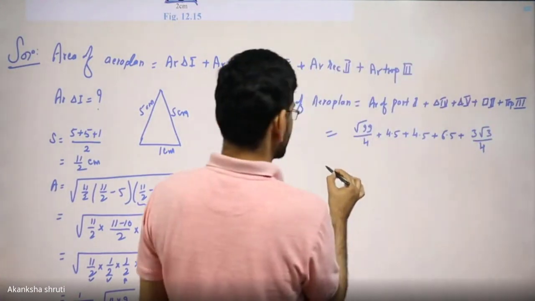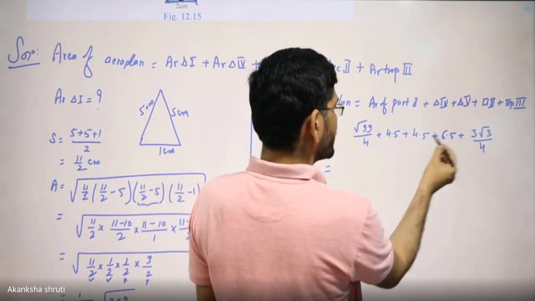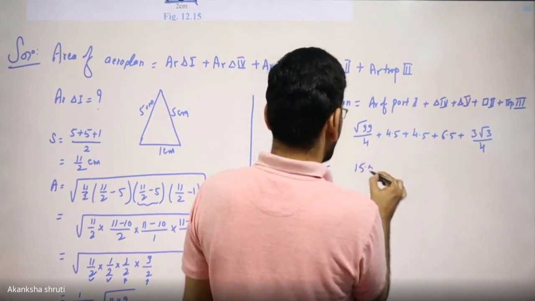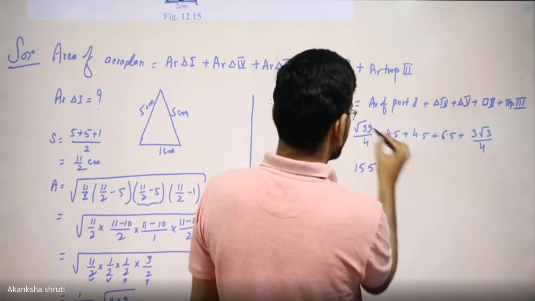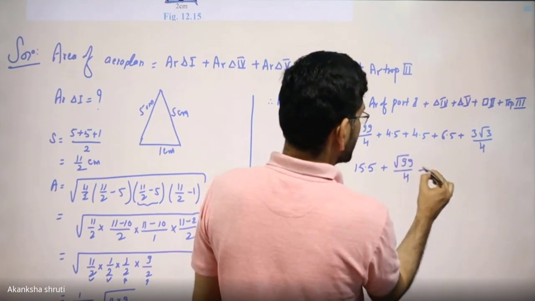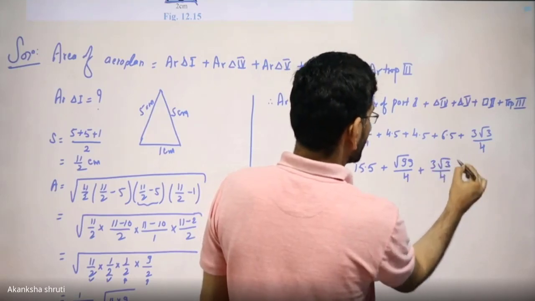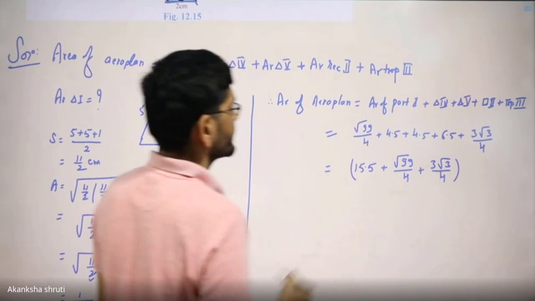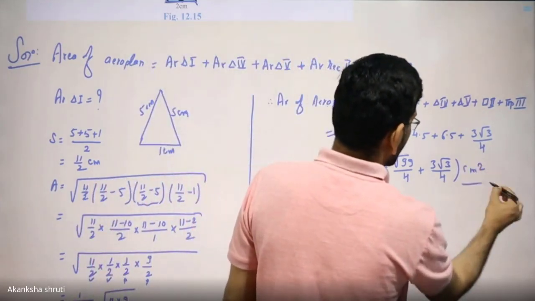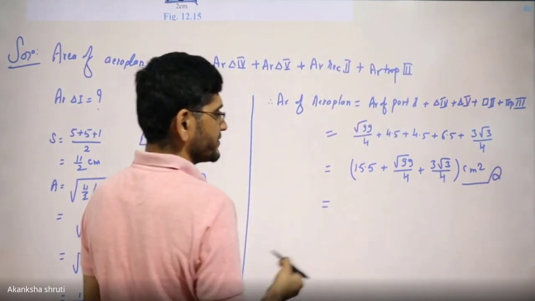Students, whatever the rational part, we need to first add them. 4.5 plus 4.5 become 9, plus 6.5 is our 15.5, plus the other one is under root of 99 by 4, plus the other one is 3 root 3 by 4. Okay, students? So this much centimeter square. We can keep it here also. You will get the full marks. No marks will be deducted.